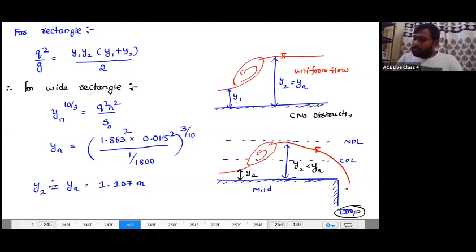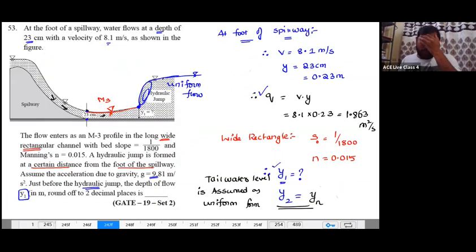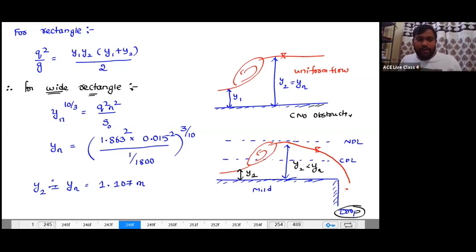Now, once I know that, I need to find the yn value. How can I find the yn value? From the Manning's equation only, right? Whether it is GVF or RVF, whatever it is, if I say yn, what is yn? Normal depth. This is not the GVF formula.